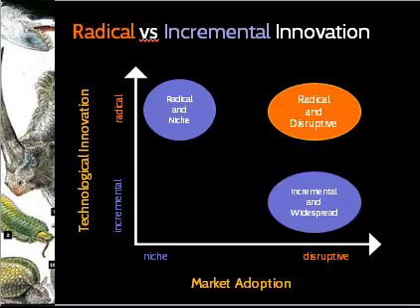What we're finding, not just myself and my colleagues, but others, find that large companies really struggle with radical innovation. They're terrible at it. And yet when they talk about we need more innovation, what they really mean is they need more radical innovation.